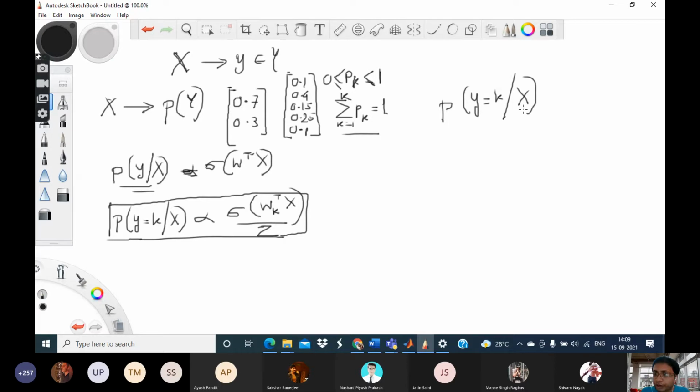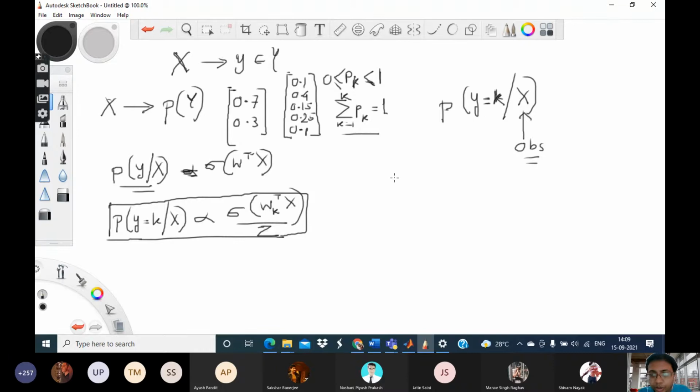You have already got a feature vector x, which you have observed, and based on that you are trying to calculate the probability that the corresponding label is equal to k, after observing the feature vector x.